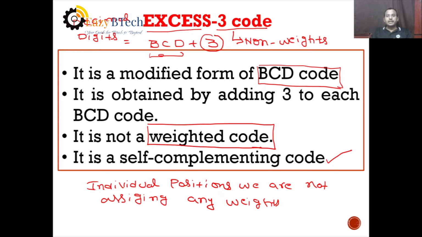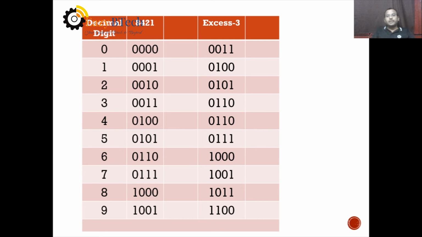We'll look at how to get the XS3 digits from the BCD. So how to get means, as we have said, we have to add 3 for each BCD. So this is the BCD representation. For each BCD representation of the decimal digits 0 to 9, we have to add 3.